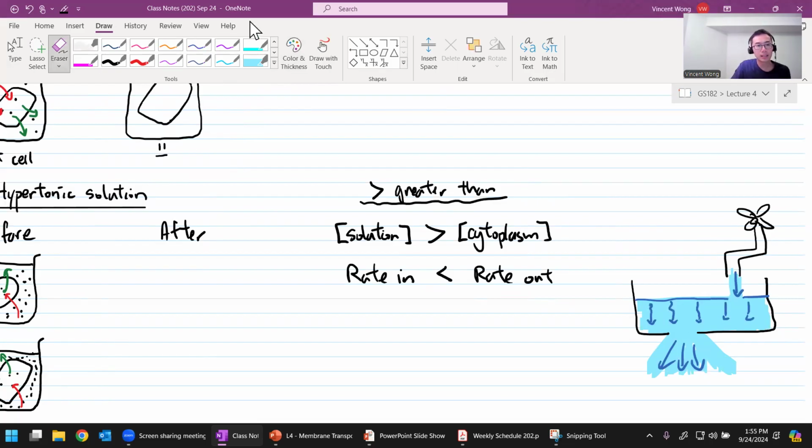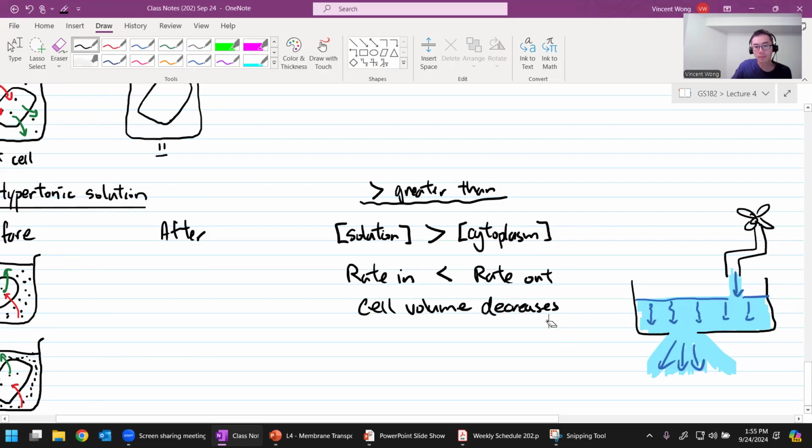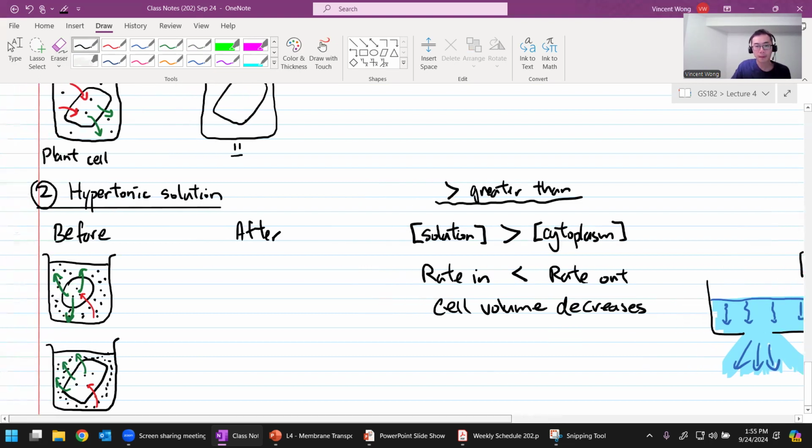So in the case of the cell, volume decreases. Our animal cell will shrivel up, shrink like that.